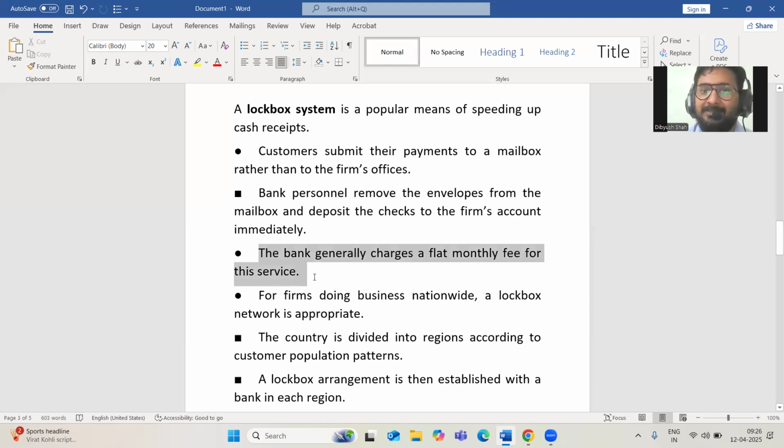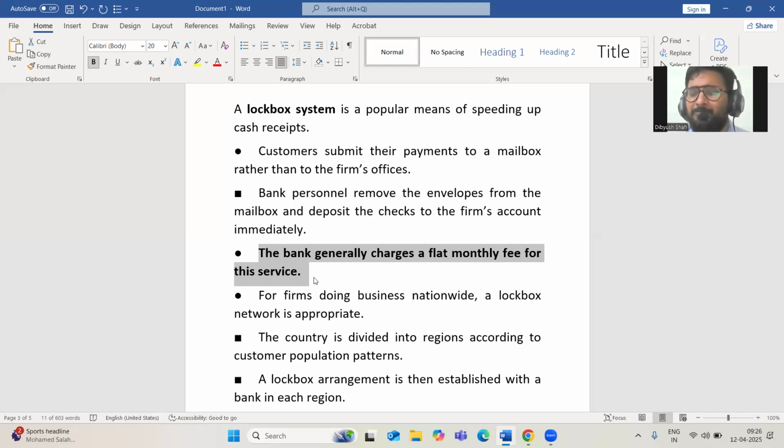Generally, the bank charges a flat monthly fee for this service, because it is providing you this service. The people will go to that mailbox, collect the checks for your accounts, and deposit them directly. Your float reduces. So what is the lockbox system?